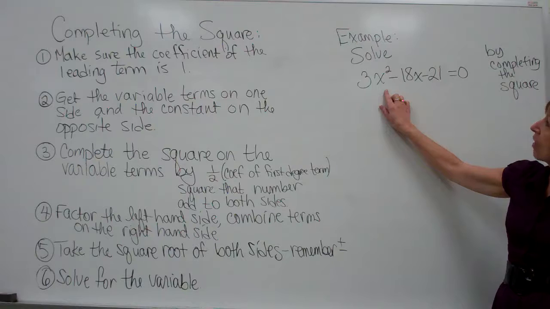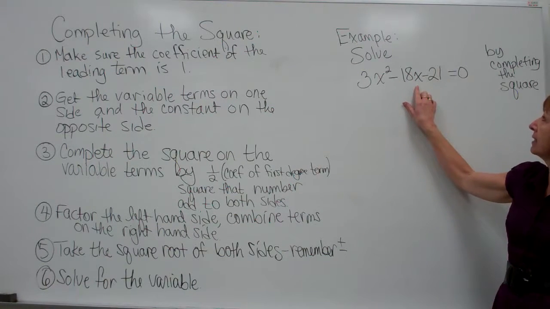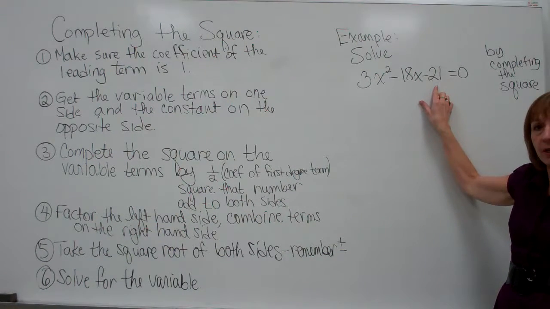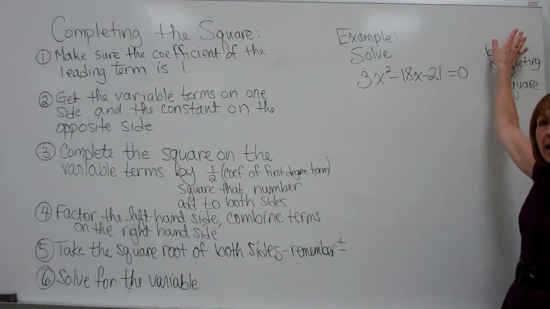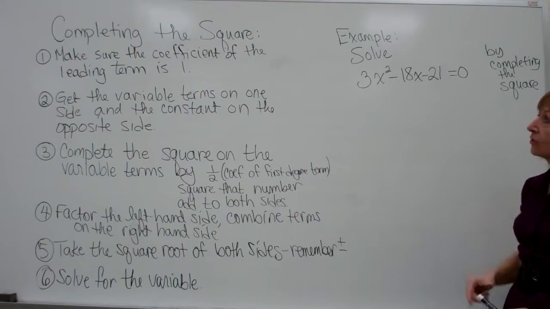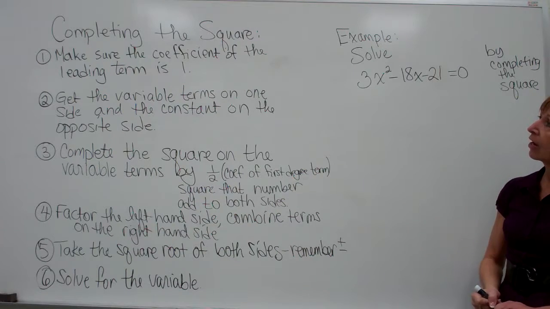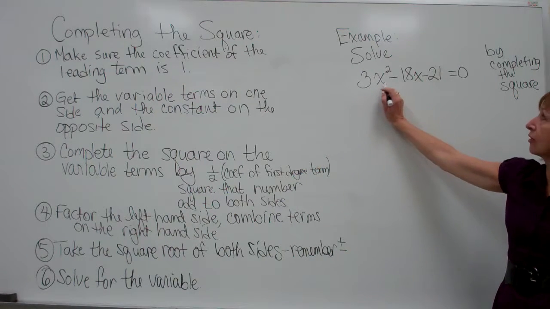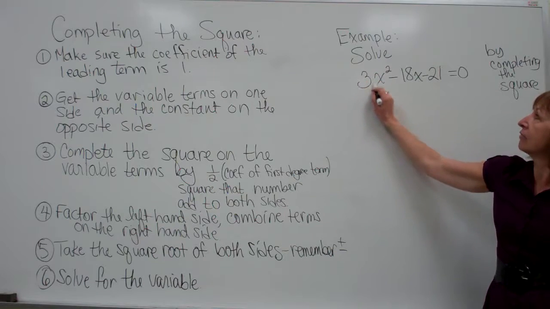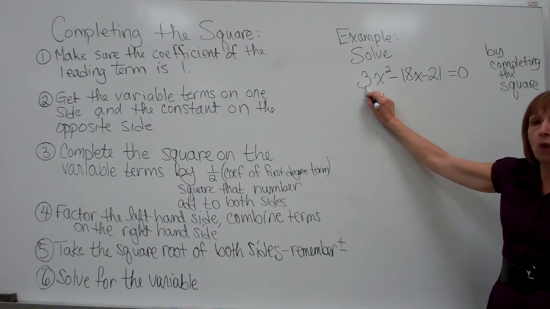So it says solve 3x squared minus 18x minus 21 is equal to 0 by completing the square. So to solve it by completing the square, the first thing I want to do is to make sure that the coefficient in front of my x squared term is 1.